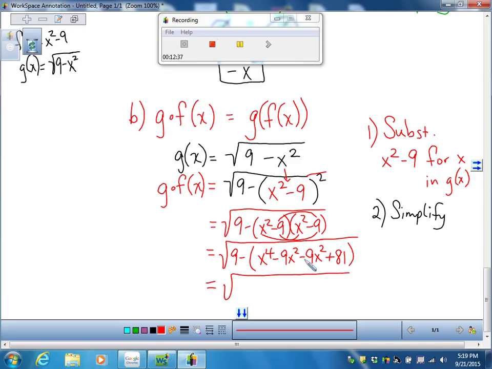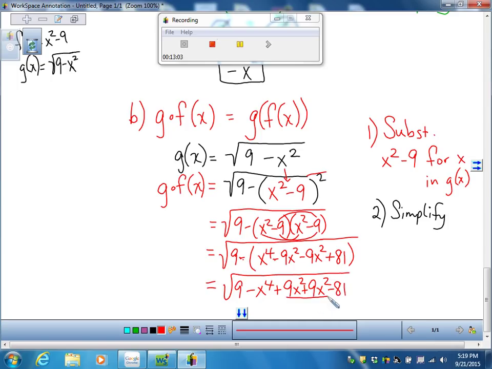Now we're subtracting. Sometimes compositions of functions get to be really ugly really fast. You can see that on this one. So we got 9, take away everything that's on the inside. So minus x to the 4th, minus a minus becomes a plus, 9x squared, minus a minus, plus 9x squared, and then minus a positive 81 becomes a minus 81.